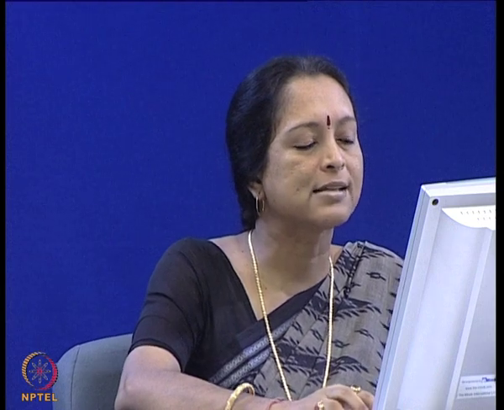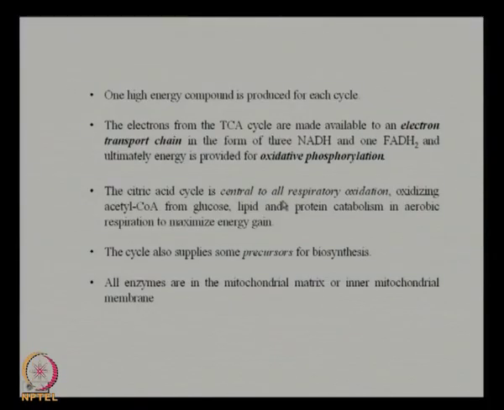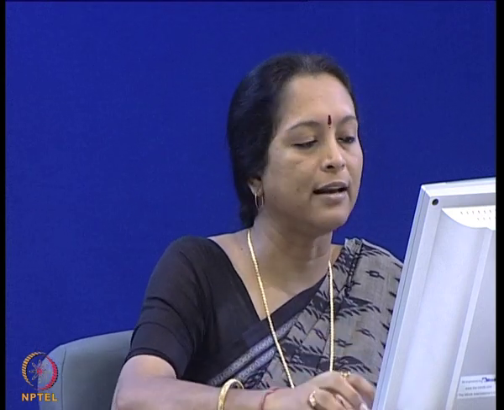The citric acid cycle is common to all respiratory oxidation, oxidizing acetyl CoA from glucose, lipid and protein catabolism in aerobic respiration to maximize the energy gain. We will also see how enriched a cell is when it completes this cycle.